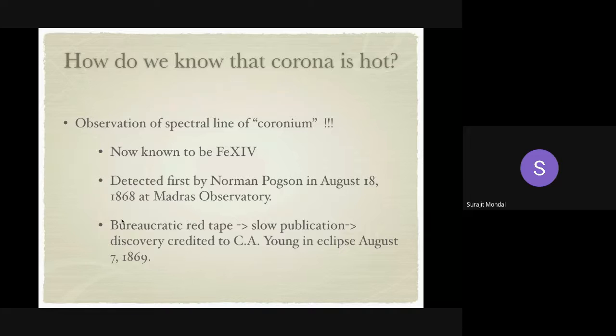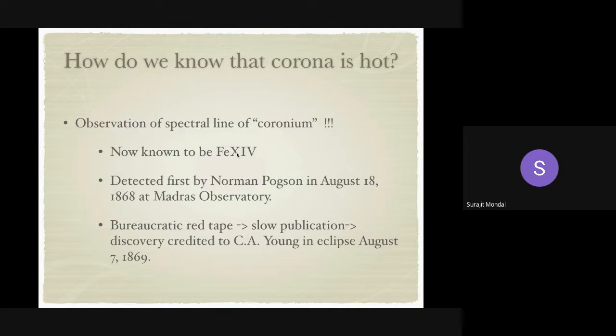However, due to bureaucratic red tape, the publication happened much later, and now the discovery is credited to C.A. Young. Now we know that this coronium line was actually the emission line of iron 13+. Iron has a very large atomic number. You need a lot of energy to generate iron 13+. So unless the temperature is very high, you cannot have it. That is how we know that the corona is very hot.